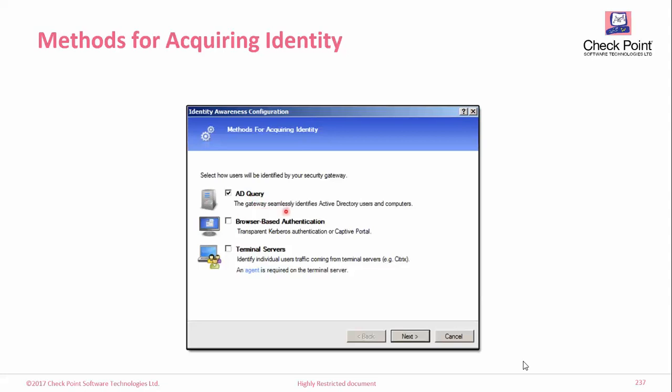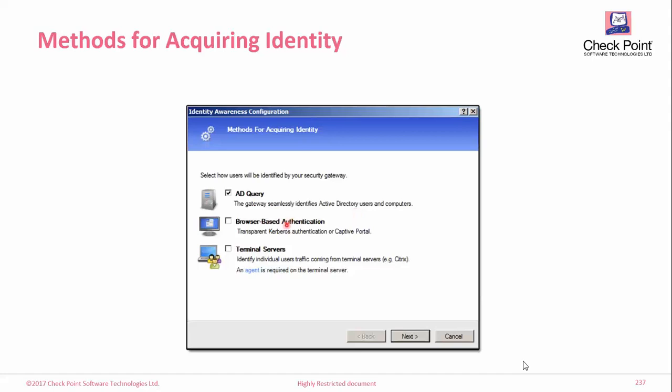And again, the keyword is seamlessly. It seamlessly identifies Active Directory users and computers. So if that person is in Active Directory, they're going through the gateway, and we've got a rule that allows their access to whatever destination they're going to, it's just seamless for them.